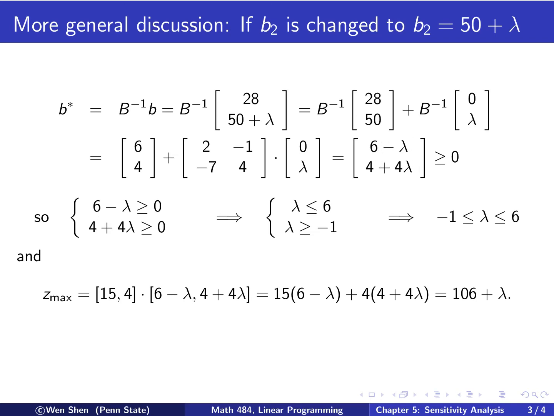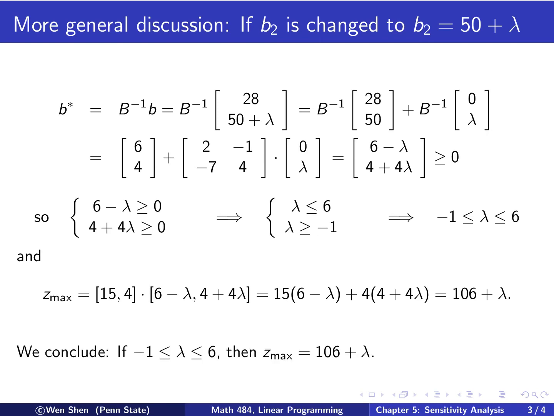So 6 minus lambda, 4 plus 4 lambda, and you work out this dot product, then you distribute and collect the constant term, which is 106, and then you collect the lambda term, negative 15 and 16 give you lambda. So that's the Z max by adding this change lambda into B2.